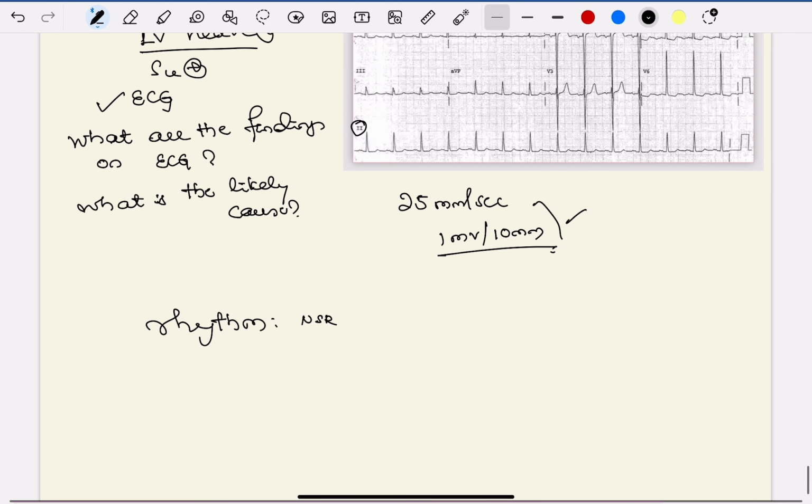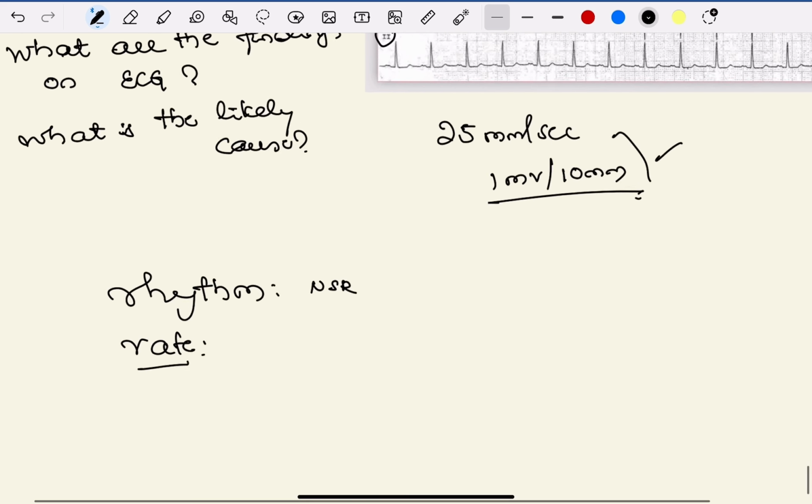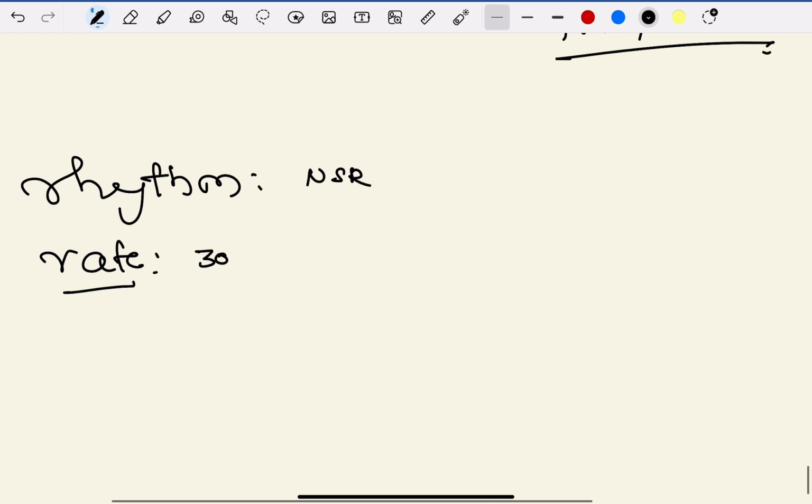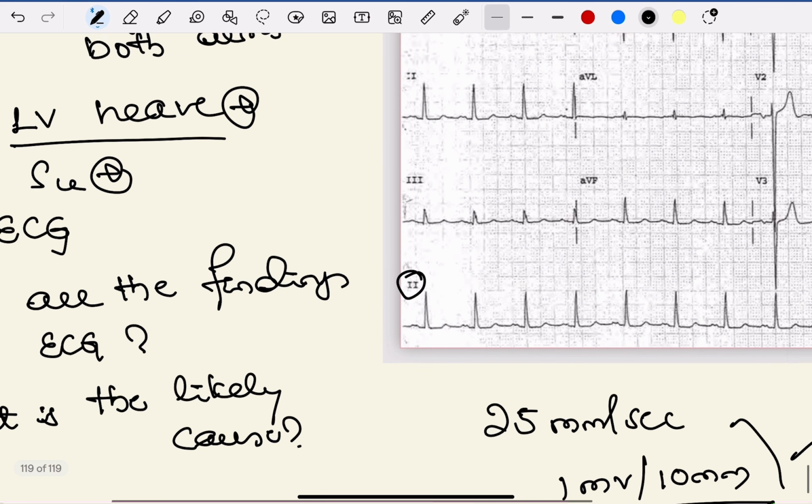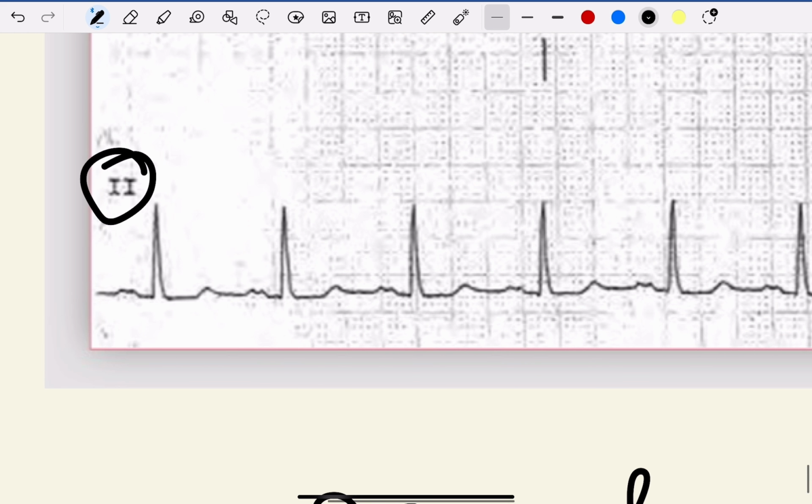Next, what is the rate? Once you diagnose this normal sinus rhythm, rate calculation becomes very easy. It is nothing but 300 divided by the number of big boxes between two R waves. So let's calculate the number of boxes between two R waves. Start from here. This is one box, two box, three box, 3.5 box.